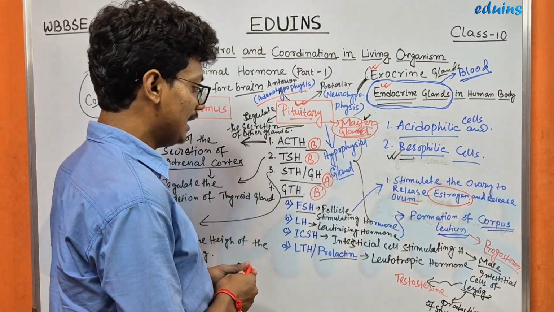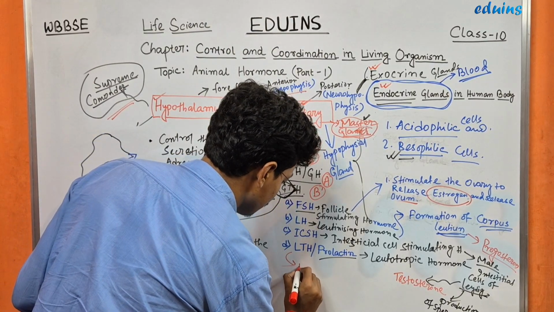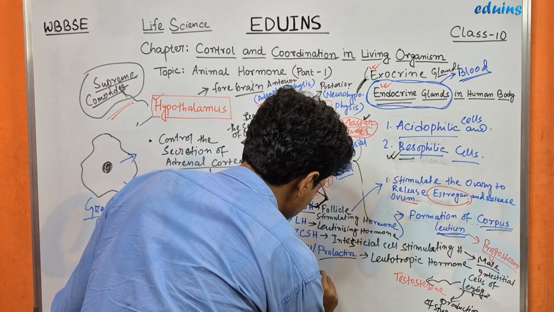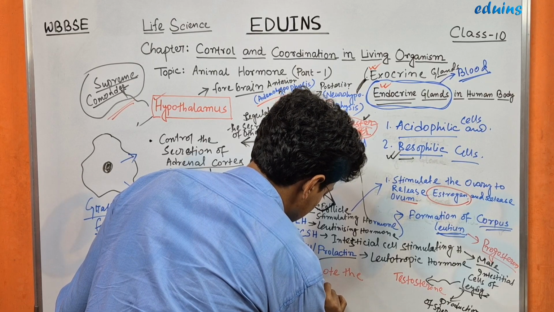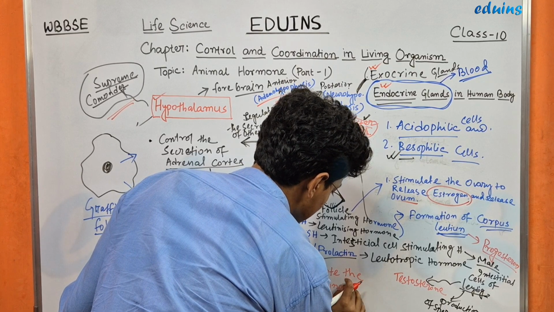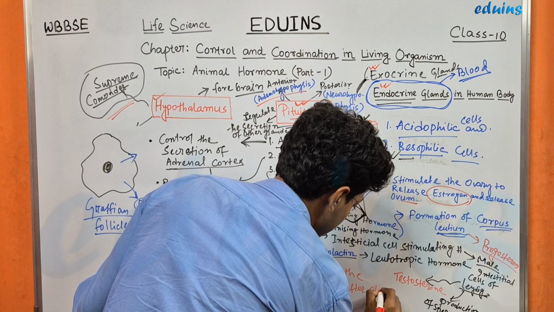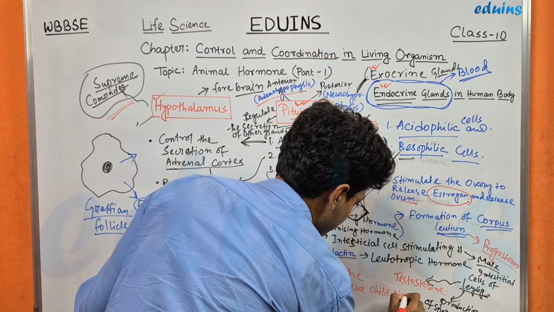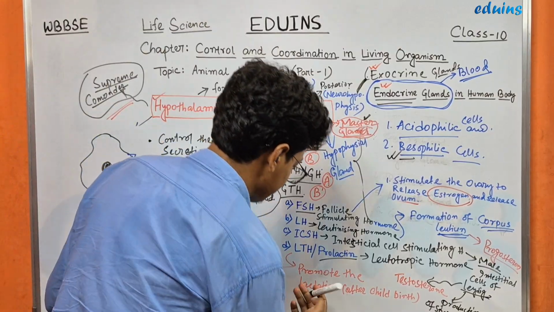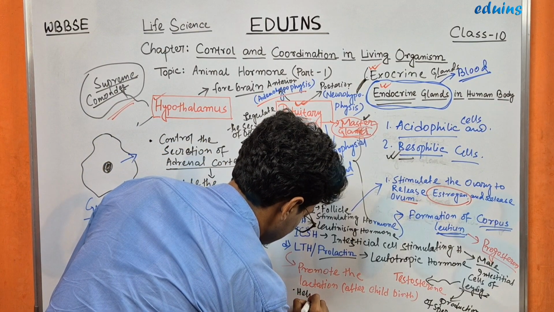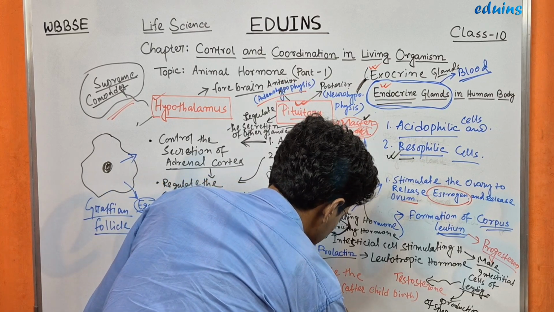And the last one, that is LTH or prolactin. This is in case of female, which promotes lactation after childbirth, and also it helps in mammary gland development.